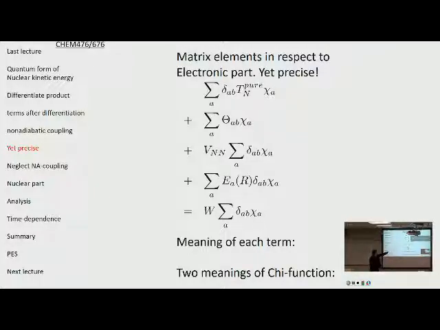Now our first term splits into two parts. One is the standard, canonical, pure kinetic energy of the nucleus multiplied by the delta function, which creates no problem. Then the exotic non-adiabatic couplings are not diagonal, and that creates problems.